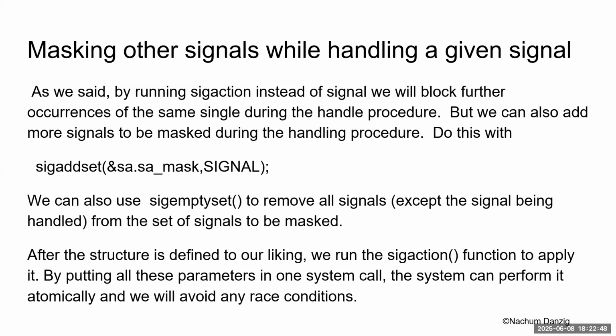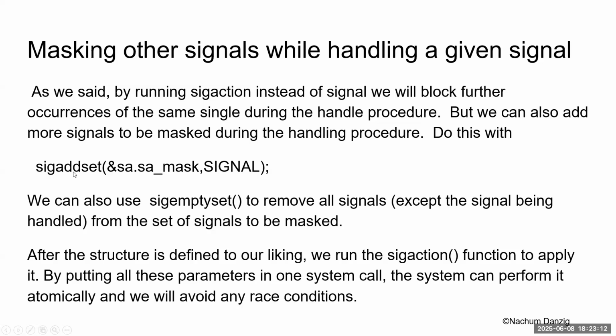Now we have the final piece of the pie, which is how do you mask other signals while I'm in a given signal? Mask means to postpone. As we said, by running sigaction instead of signal, we block further occurrence of the same one. But we can also add more signals to be masked during the handling.